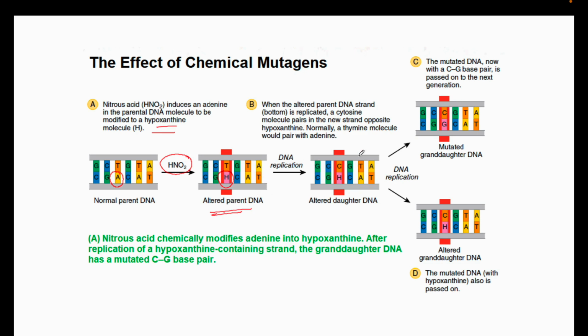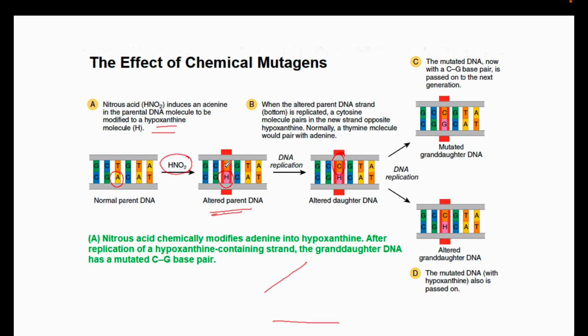During the replication process, what will happen? Against hypoxanthine, now we have a C. The strands are separated by helicase, right? This strand is unaltered, whereas this strand is altered.